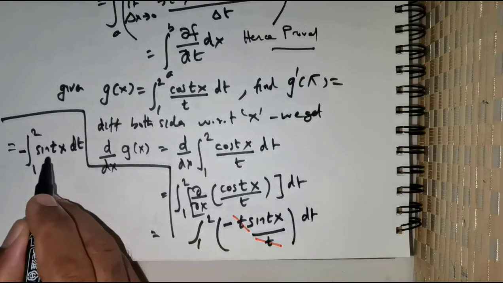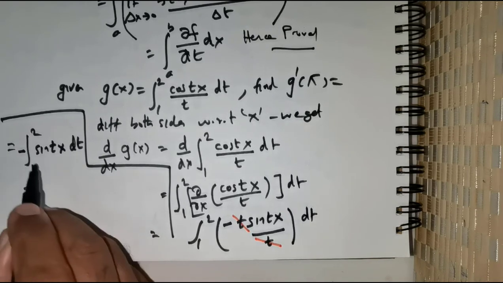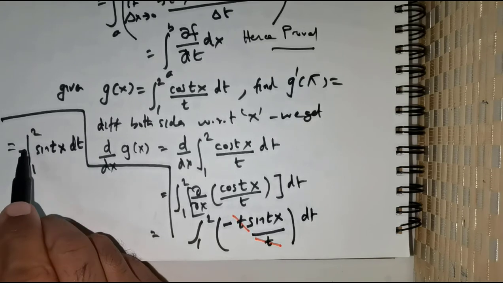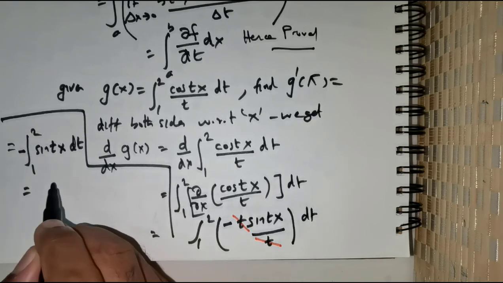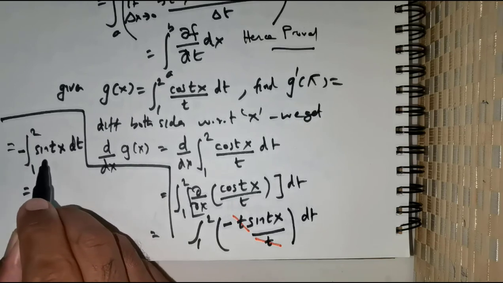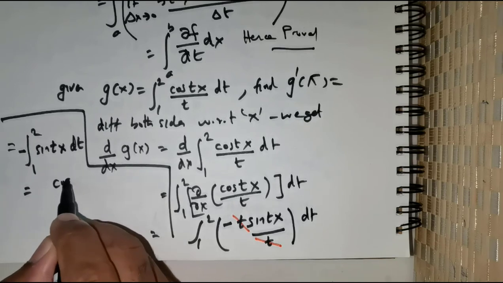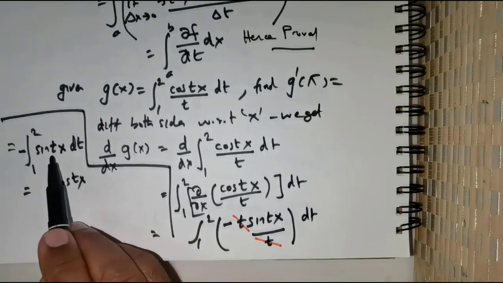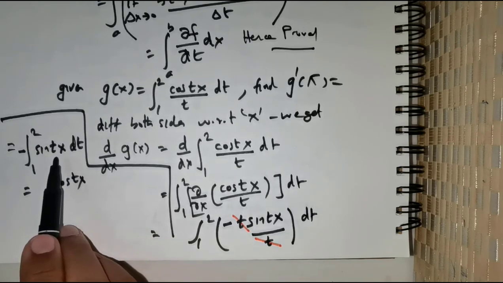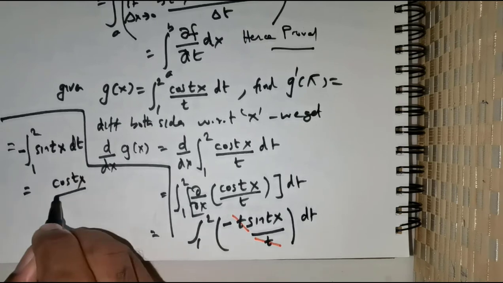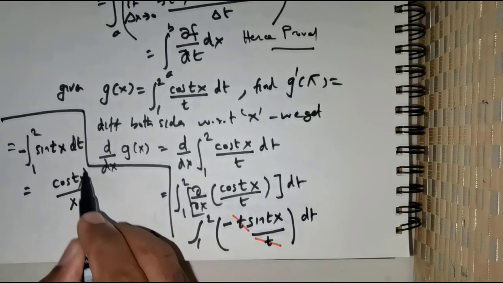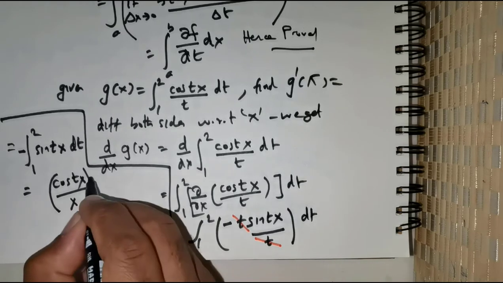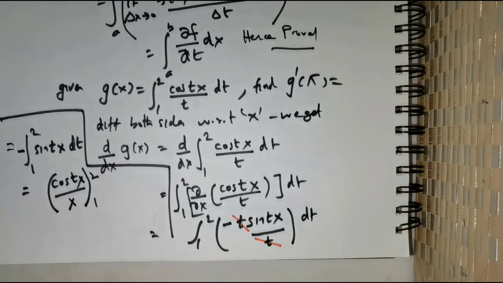If I integrate sine t, there is going to be a negative sign, and that negative sign gets neutralized by this negative sign. So the integral of sine(t x) gives cos(t x), and since the coefficient of t is x, I divide by x. The limits are 1 to 2, with no change in the limits.